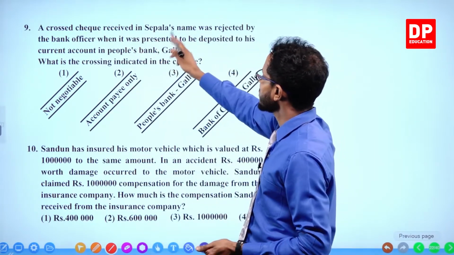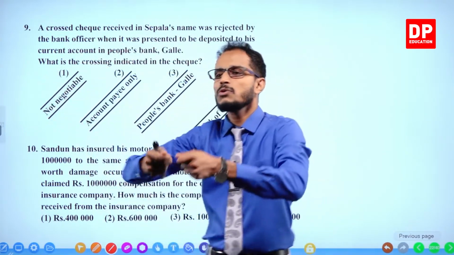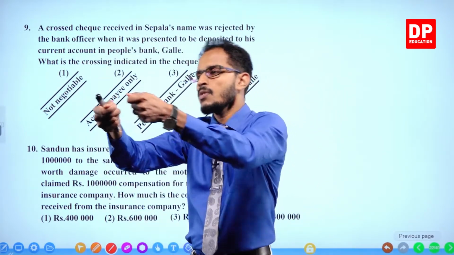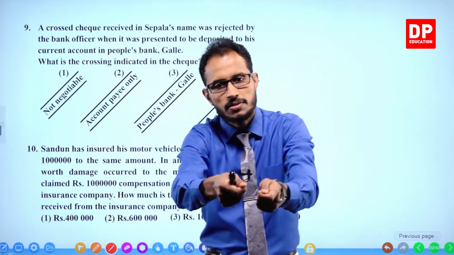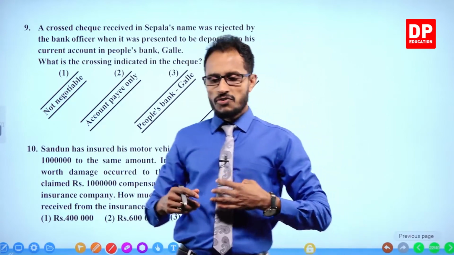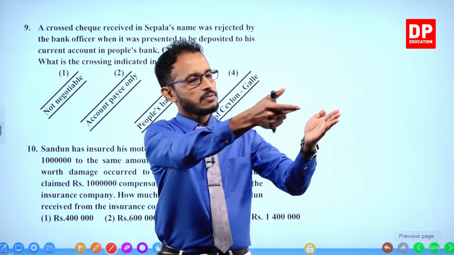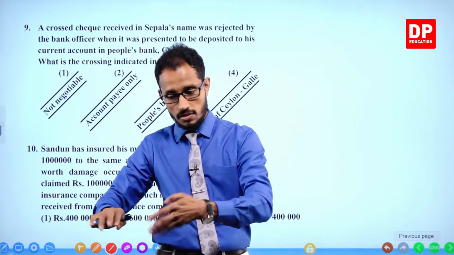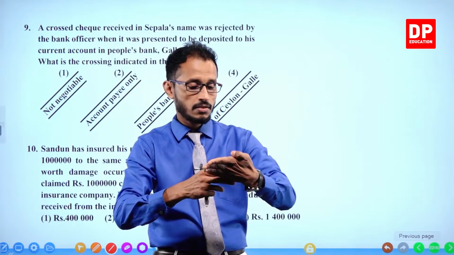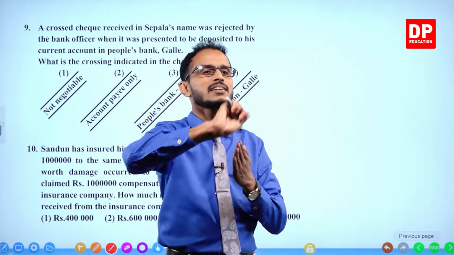The crossed check received in Sepala's name was rejected by the bank. Sepala goes to the bank with the check, gives the check to the bank counter. The bank officer takes the check, checks the account and everything, and he sees the crossing and rejects the check.